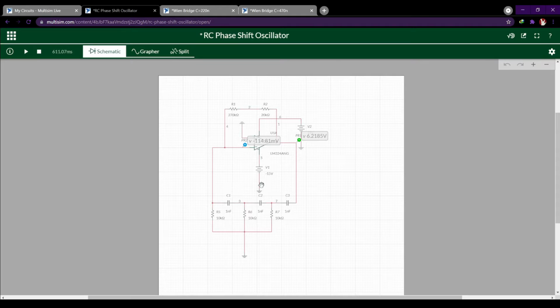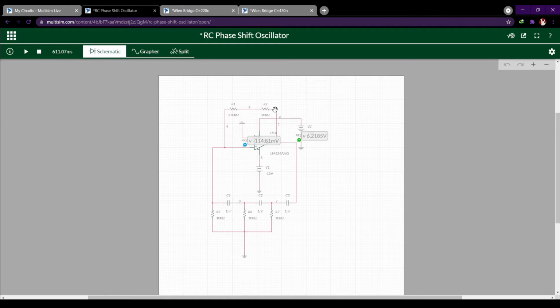So this is the circuit for the RC phase shift oscillator. In my understanding, the input of the operational amplifier should have a 0 or 360 degrees phase when it is entering the operational amplifier. To achieve this, we need 0 or 360 degrees phase shift for the oscillation.